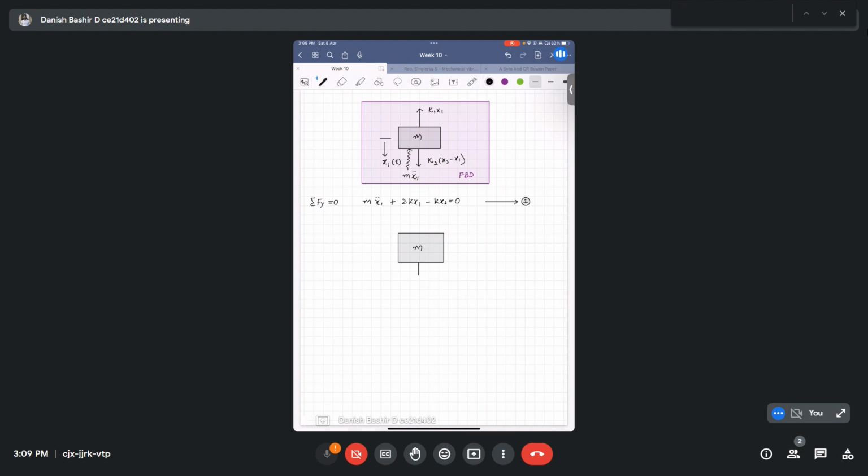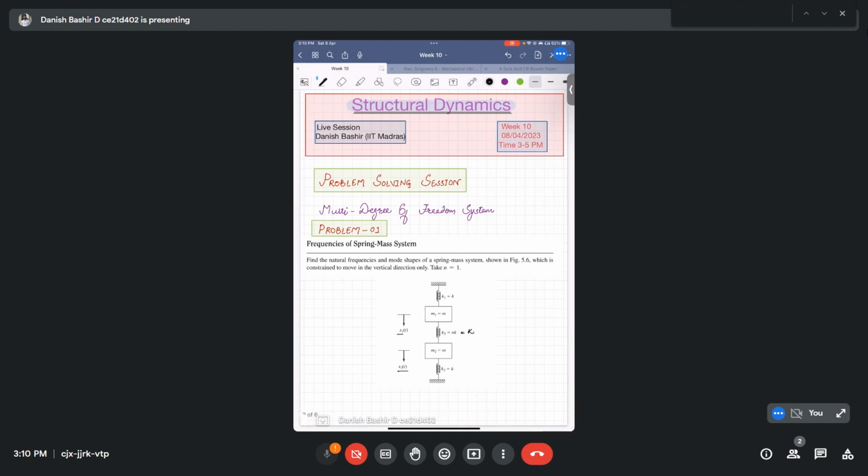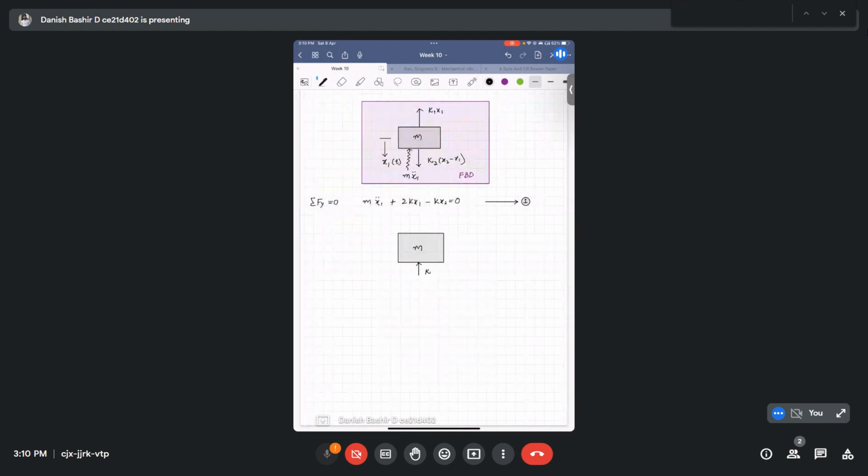It's again k, and its displacement is x2, so k x2. And we have to give a fictitious load in the direction opposite to the direction of motion, m x2 double dot, and we have the direction of motion like this, x2 of t.